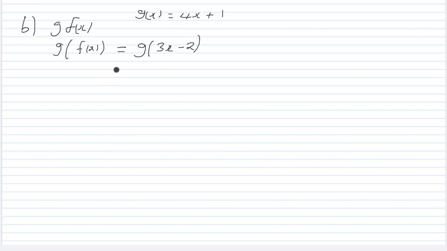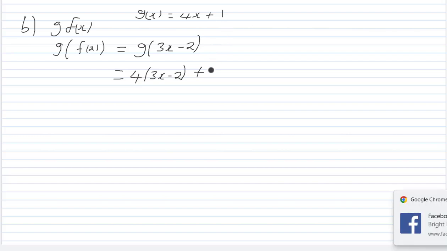So we write this is equal to 4, and where there is x here, we are going to put 3x minus 2, and I am putting that in brackets so that we know that this 4 is multiplying whatever is in brackets here, and then plus 1, we have 1 there.